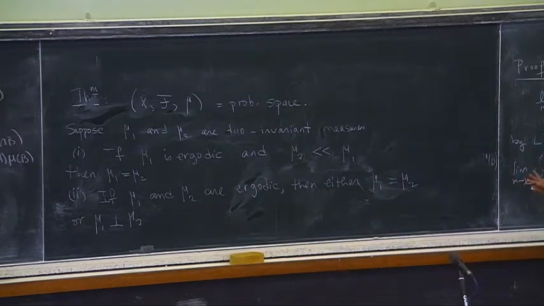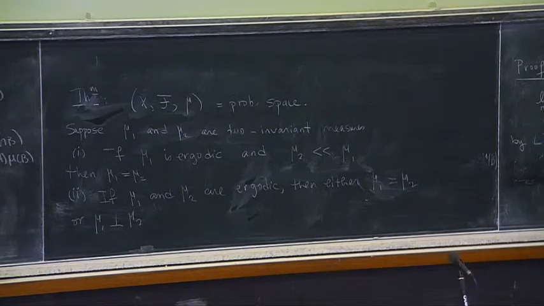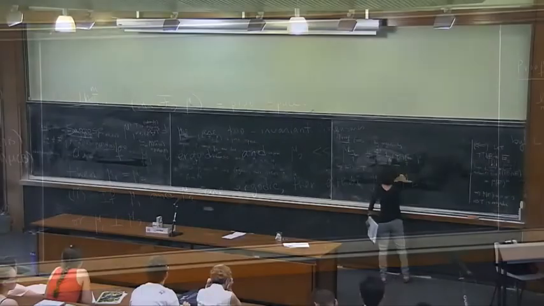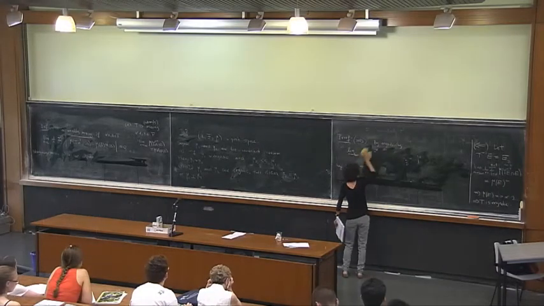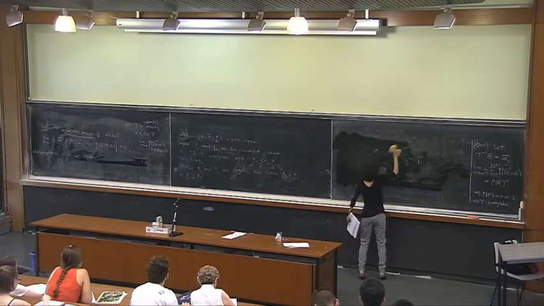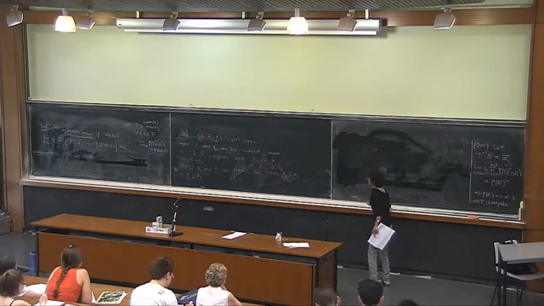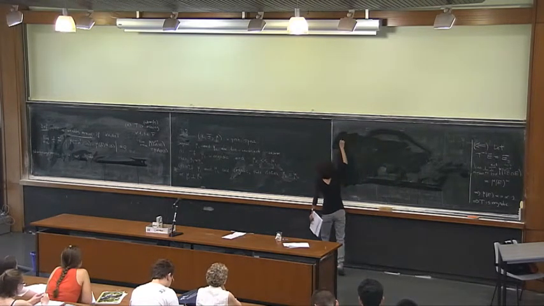So mu1 sees another part of the space than mu2. Okay, the proofs of both are easy, so maybe I'll just sketch them.